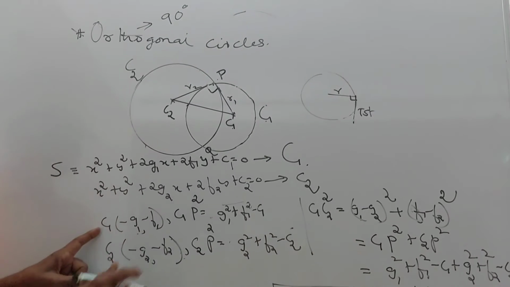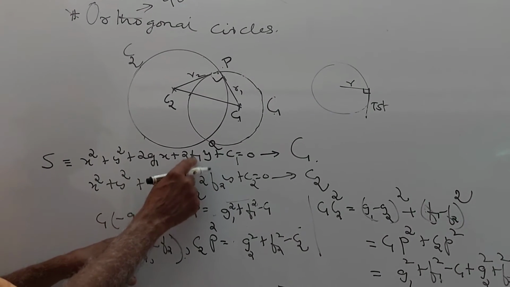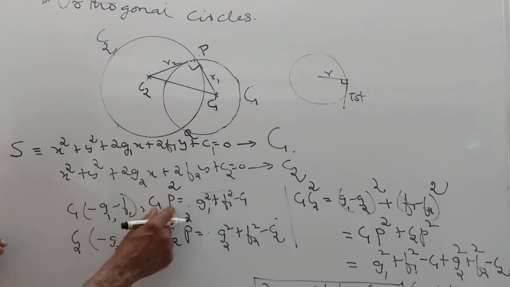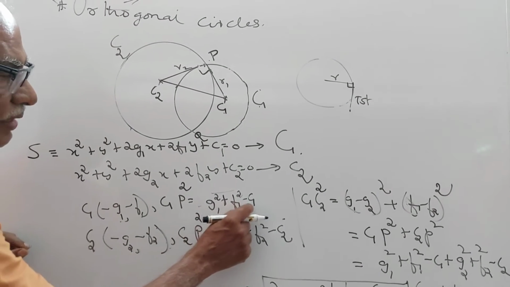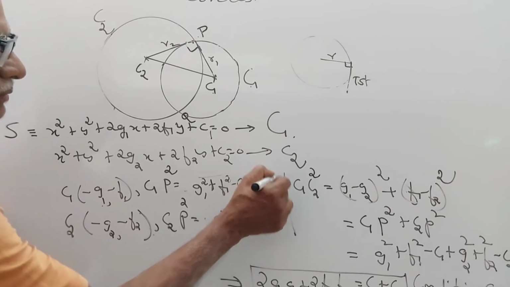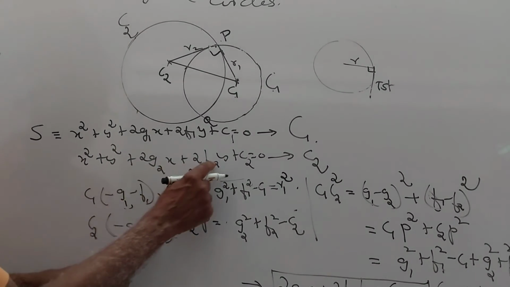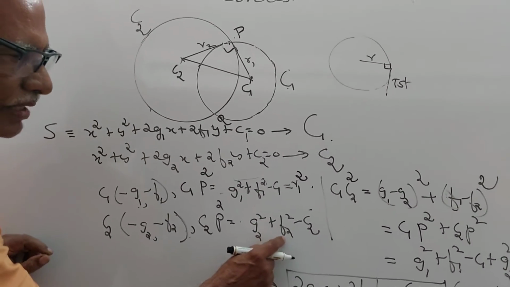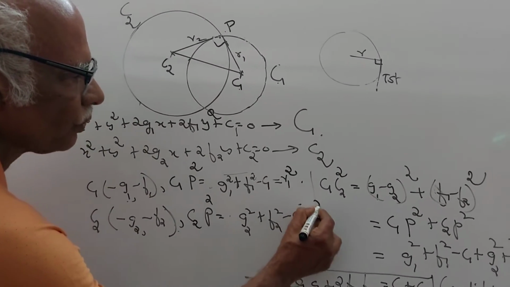Now the center of this circle is minus g1, minus f1, and the radius square is g1 square plus f1 square minus c1. This is r1 square. Similarly, the center of this circle is minus g2, minus f2, and the radius square is g2 square plus f2 square minus c2. This is our r2 square.